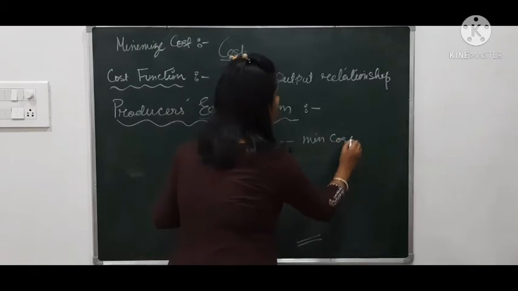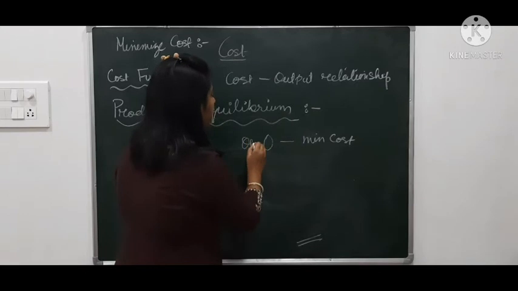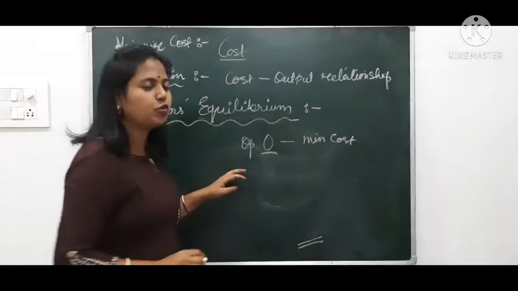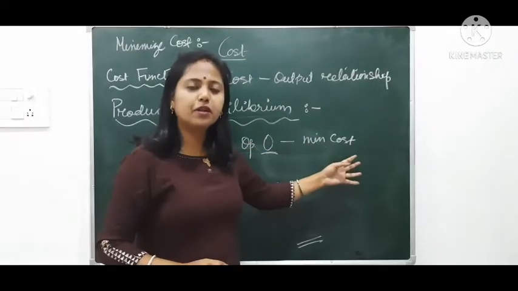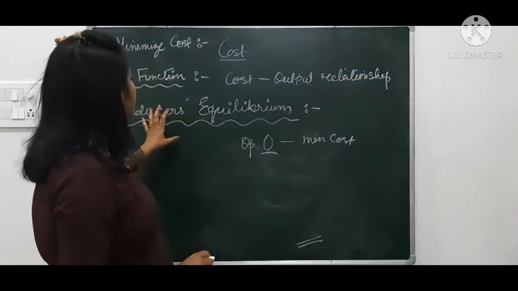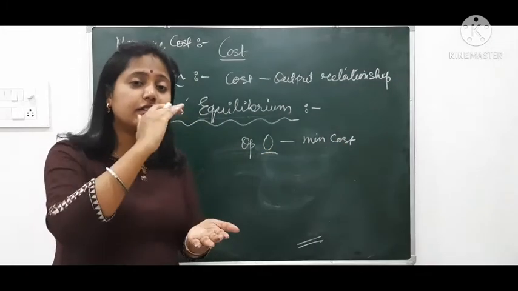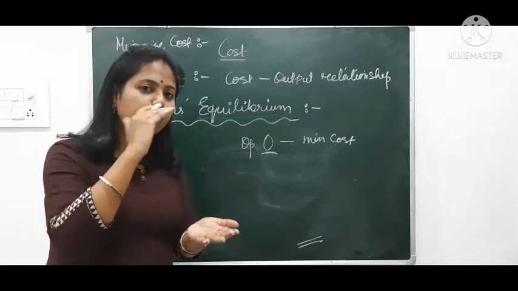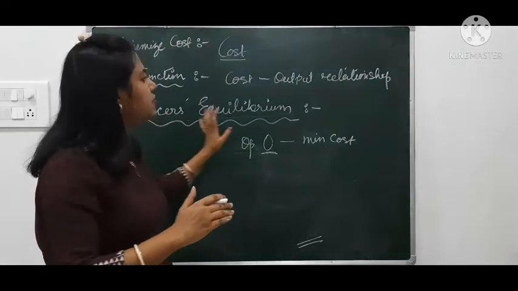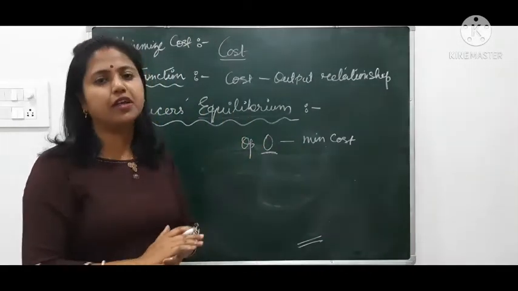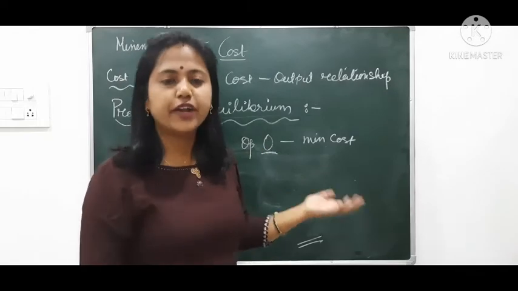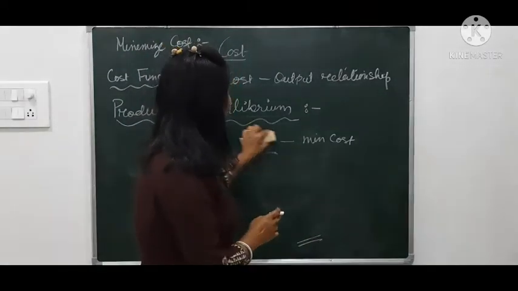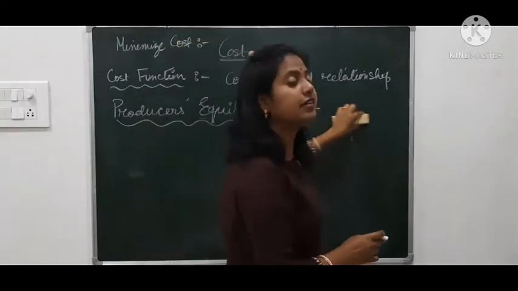He is able to produce the optimal output with the minimal cost, and that is possible when the producer has reached a point which is called producer's equilibrium.